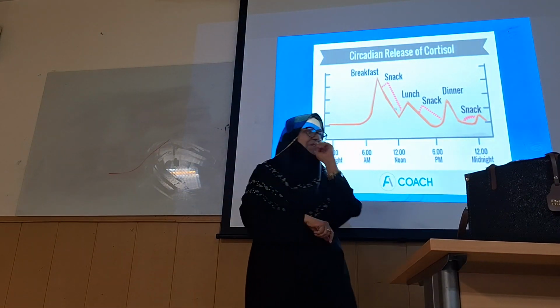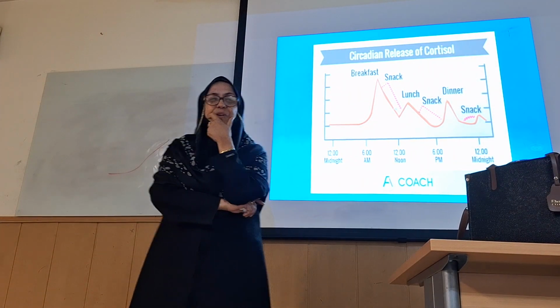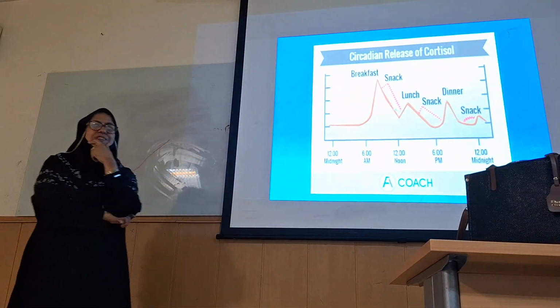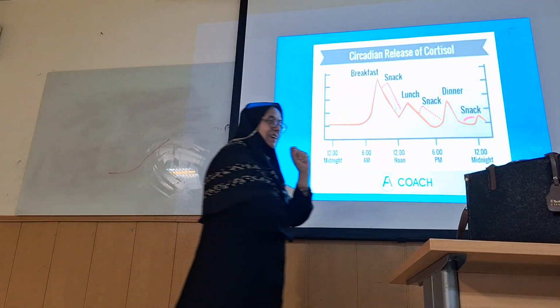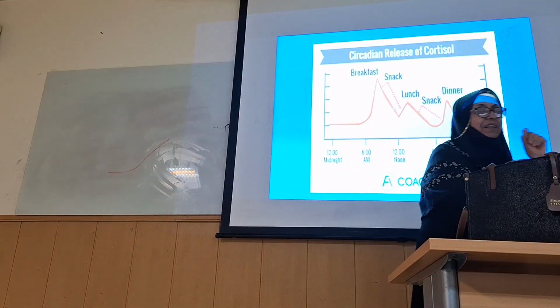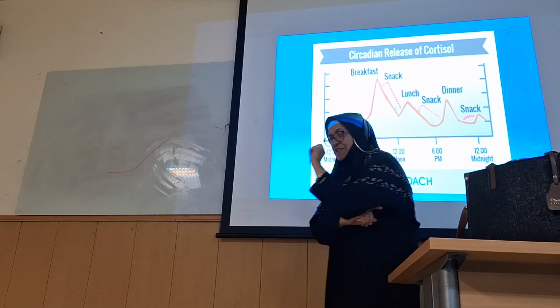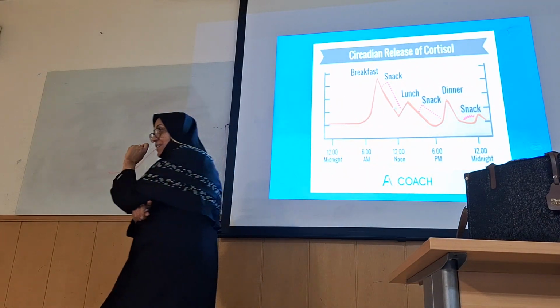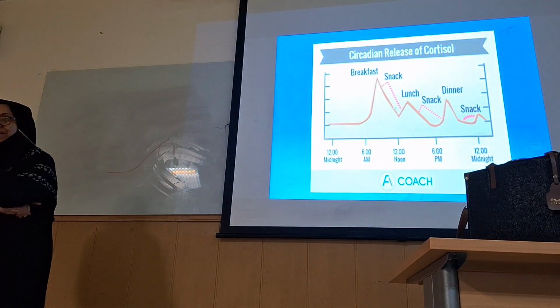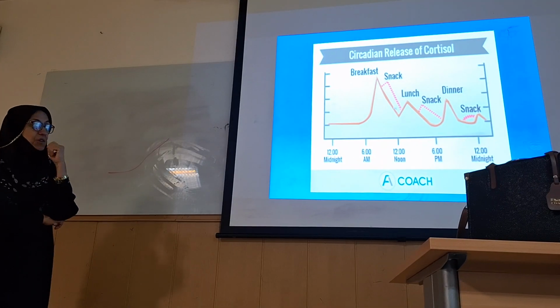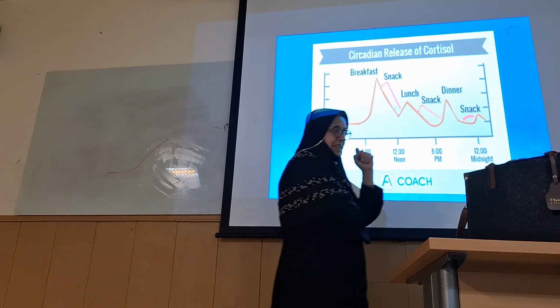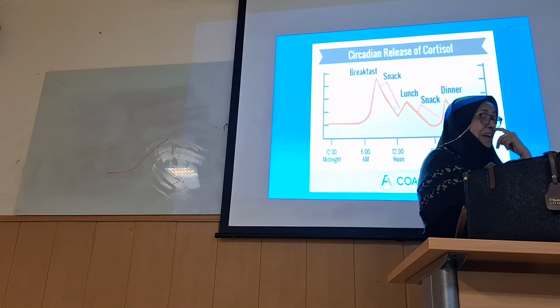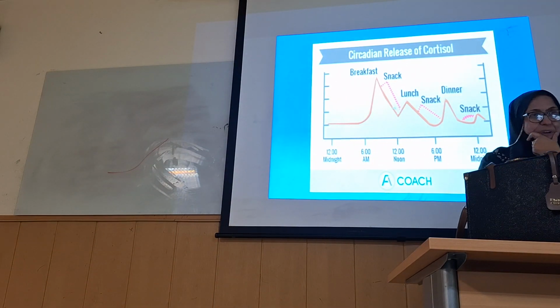I will tell you about cortisol. Okay? Cortisol is a very important glucocorticoid hormone in our body. Cortisol controls glucose value in our body and is a very important hormone.